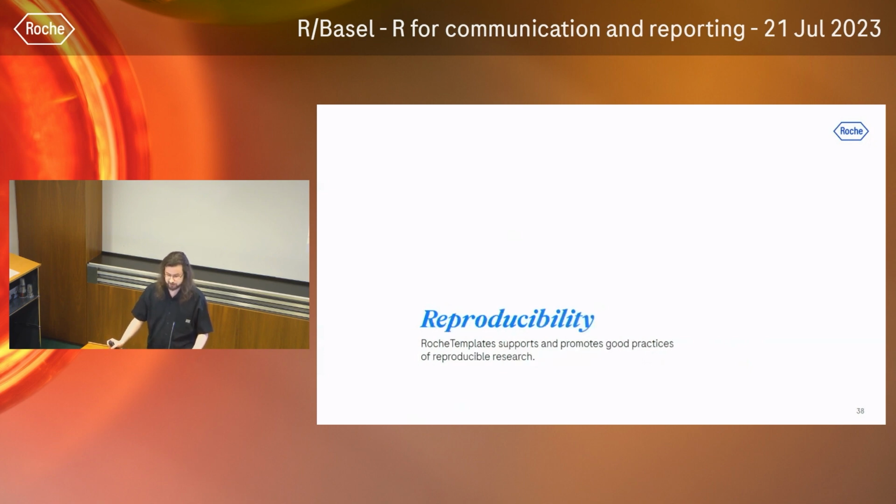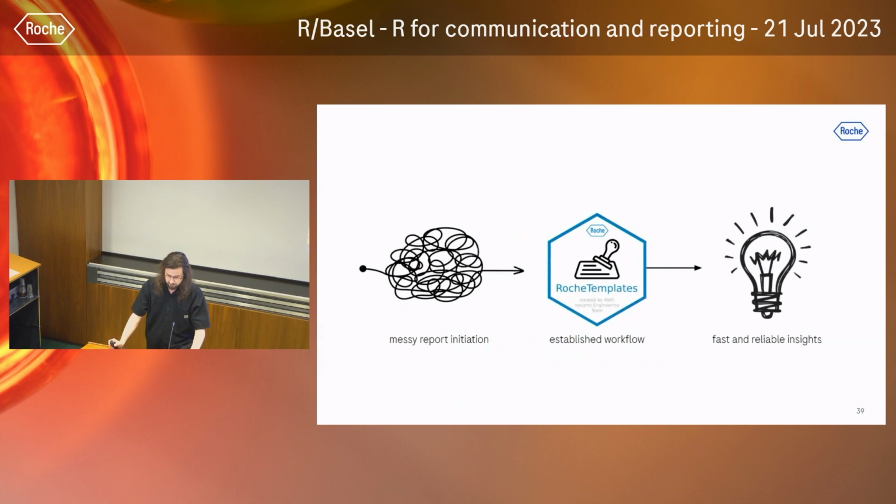And last but not least, the reproducibility is improved as Roche Templates supports and promotes good practices of reproducible research. To sum it up, real world data scientists had to deal with a messy report initiation. Now they can easily reuse this established workflow and get to reliable insights faster.